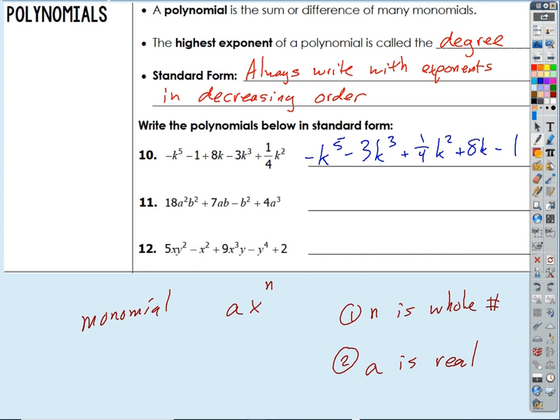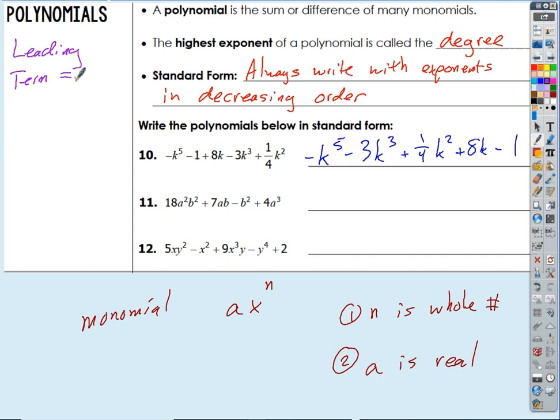Another thing that this worksheet doesn't really go into, but if we take, for example, this polynomial right here, what's the leading term? Anyone want to guess? I think I've mentioned this. What's the leading term of this polynomial? Negative k to the fifth, right?